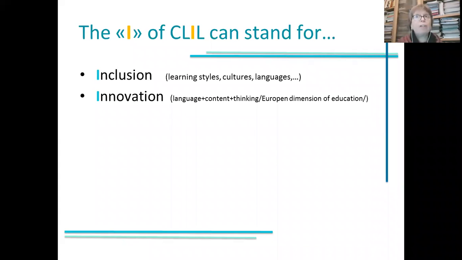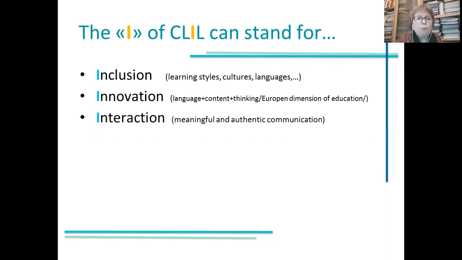It means, with young learners, starting to teach a subject through a language that is not their mother tongue. And what is important in CLIL is to keep together language, content, and thinking. They all go together. They have the same importance in CLIL. And in the following slide, we will see how.